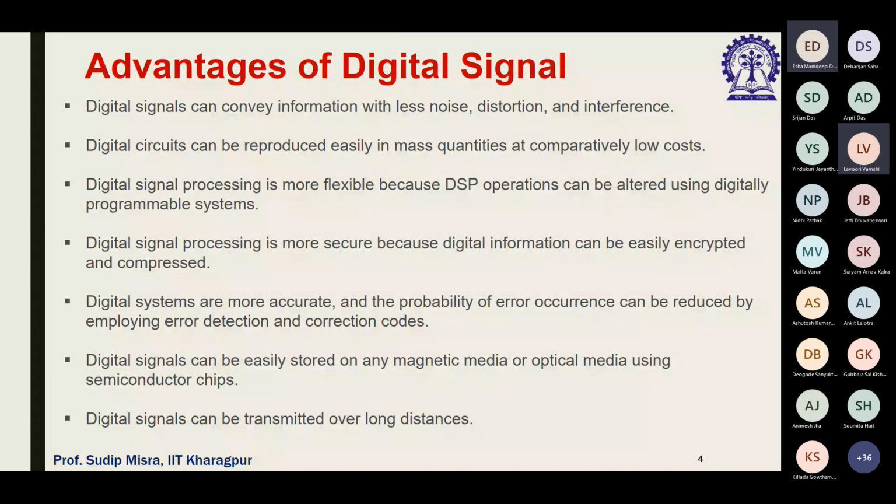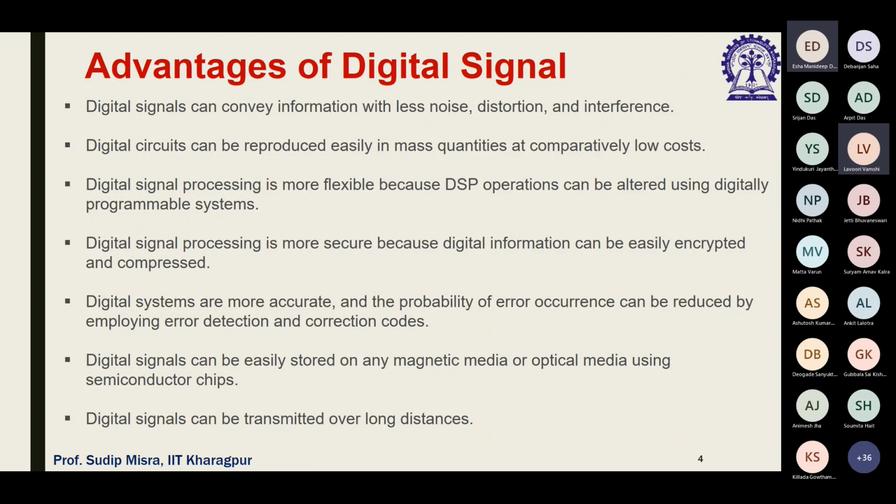So there could be noise, distortion, interference from other devices, etc. Those things are reduced heavily in the case of digital signals. Digital signals can convey the information with less noise, distortion, and interference. In another lecture, we are going to talk more deeply about noise, distortion, and interference, in a little bit further detail.